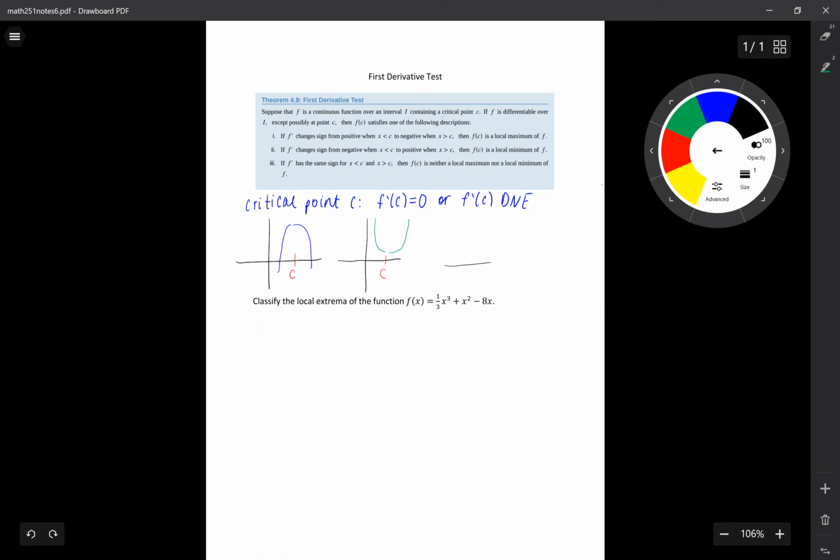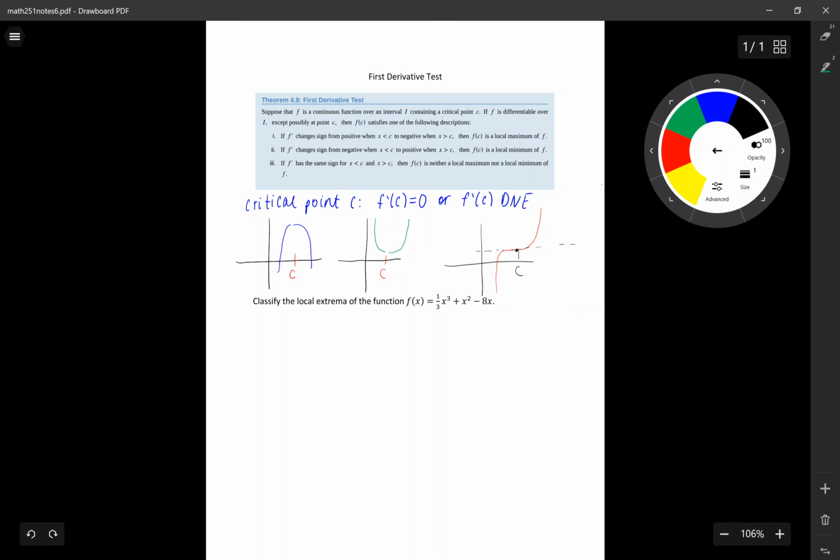Usually this looks like the following. We have some sort of graph or function that looks something like this, where we have a horizontal tangent line or a critical point here at c, but obviously we do not have a local max or a local min here. So these are the three situations.